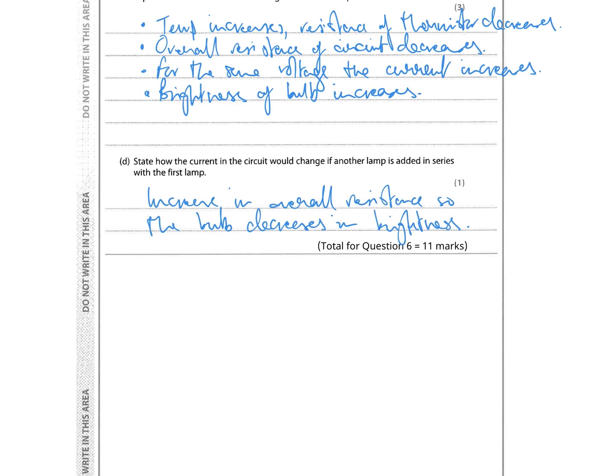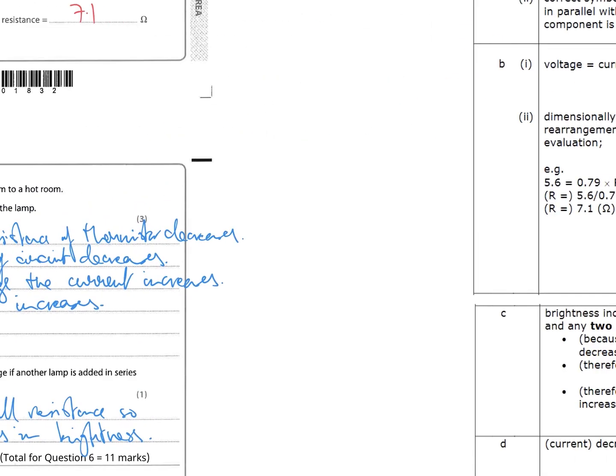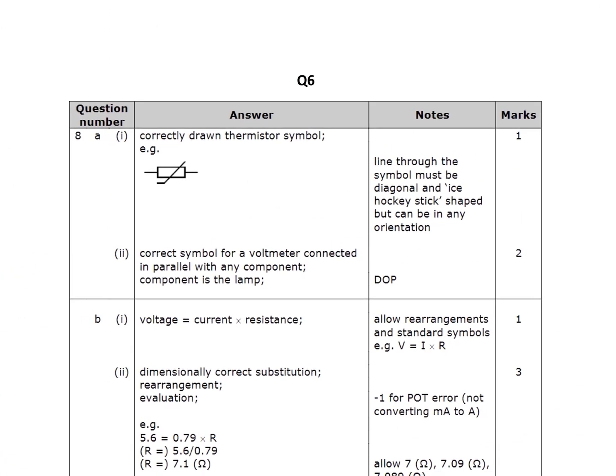Okay, let's see how successful we've been with the mark scheme. So right from the start we had a correct thermistor. It doesn't matter which way up that is, but that's still correct. And they even reference a hockey stick. The correct symbol of the voltmeter, connected in parallel with any component, but if it's connected across the lamp, then you get the second mark there. We were right with the equation, which is excellent.